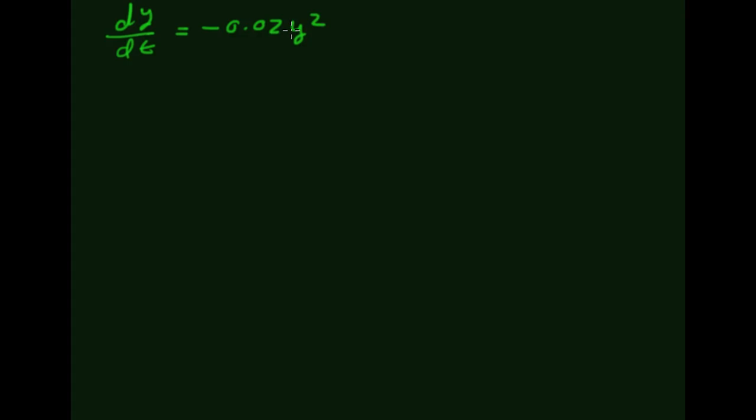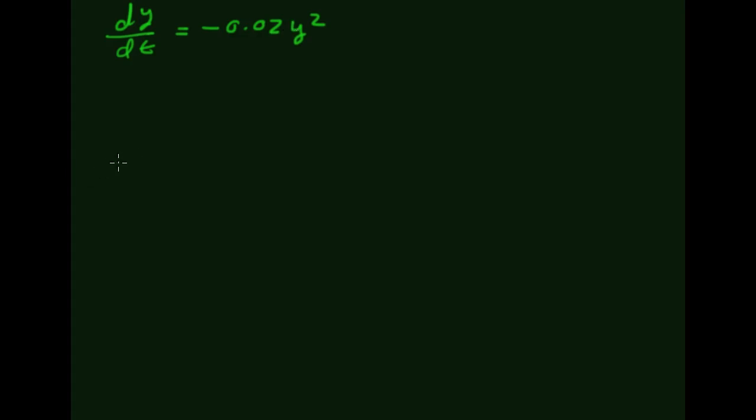That's really important. For part A, we want to use the line tangent to f of t at time t equals 0 to approximate where we are when t is equal to 2.